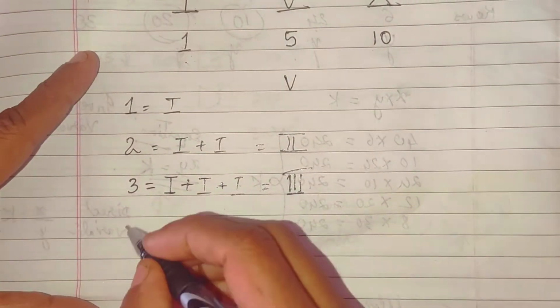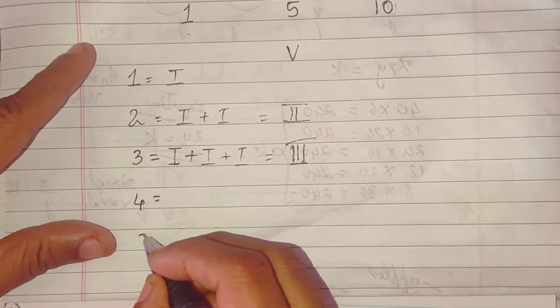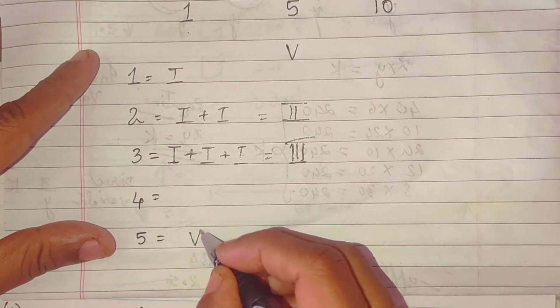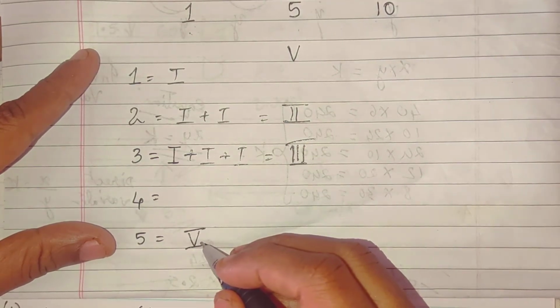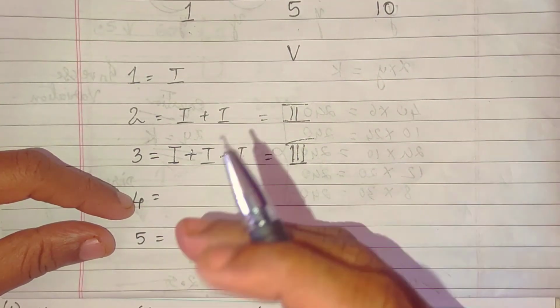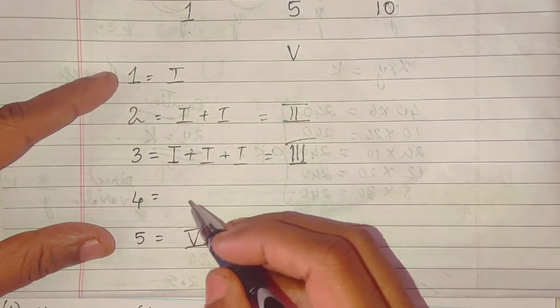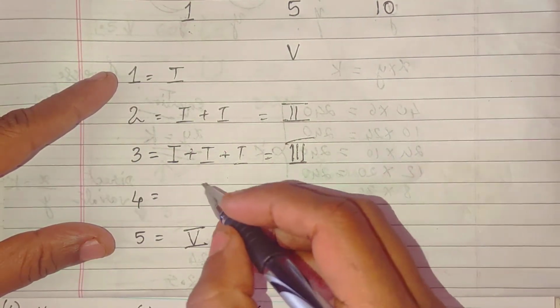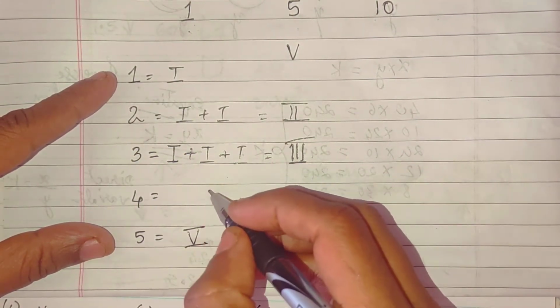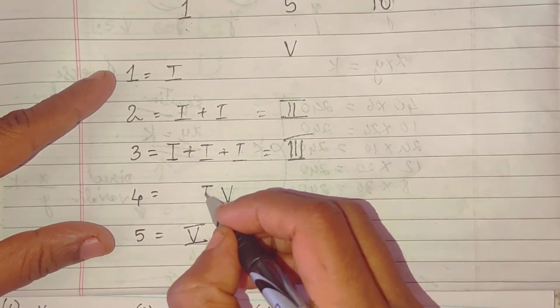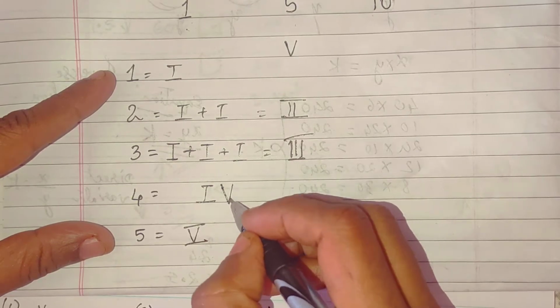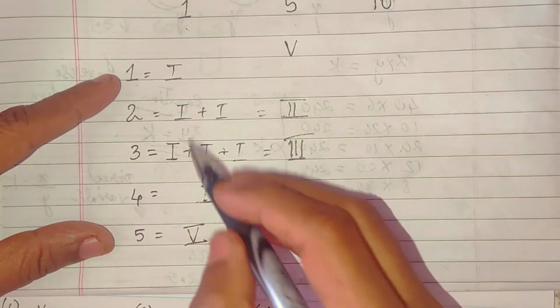Now how to write 4? We know that for 5 we have this alphabet, V. But how to write 4? To write 4 we have to do subtraction. Means for 5, we will write 1 before it. Okay, 5 with 1 I before it.